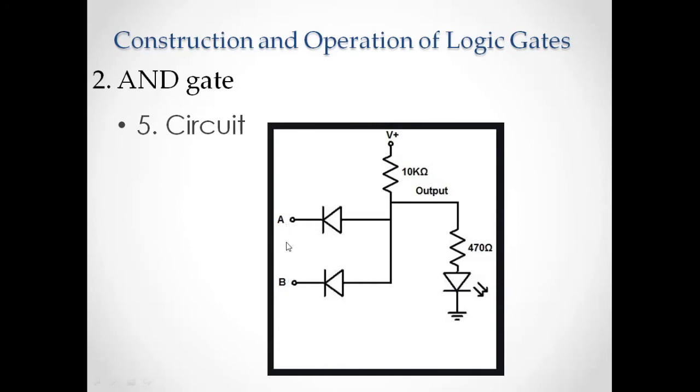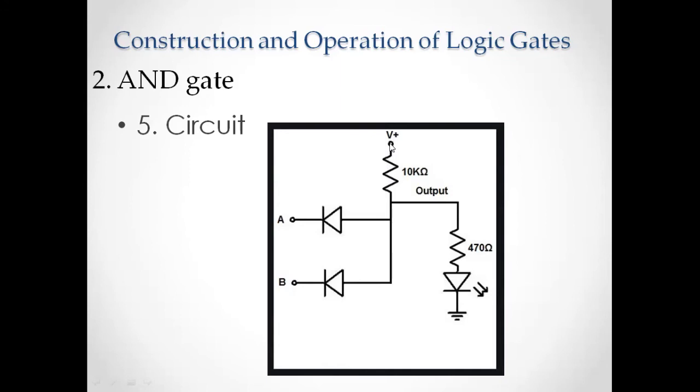When both A and B are 1, which means when A is connected to a high voltage and B is also connected to a high voltage, then the current cannot go to A or B. The current will always flow from a high potential to a low potential. But at this point, A is high, also B is high.